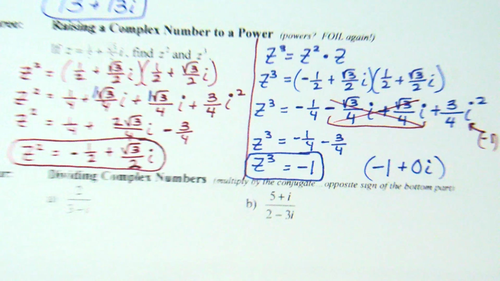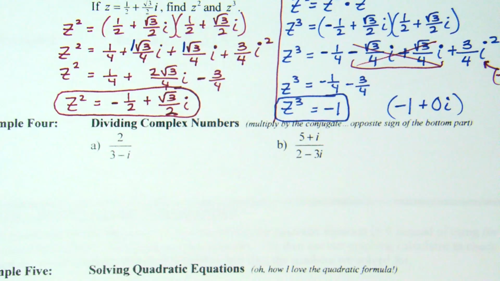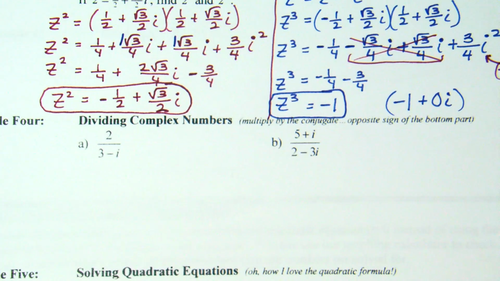The hint is in the directions here, but remember, i is technically a radical, yes? And are we allowed radicals in our denominators? No. And so that is the key there that's going to help. If this is 3 minus some square root, how do you rationalize the denominator? Multiply by the conjugate.